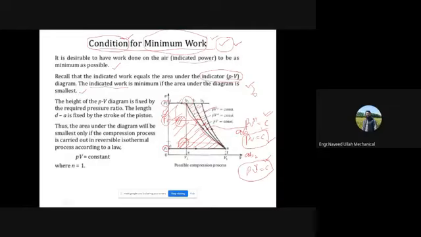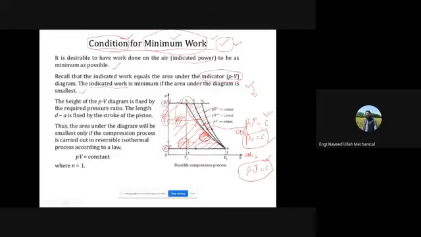So to summarize, if you want to minimize the work consumed by the compressor in this reciprocating air compressor, this process of compression should be what? Should be the isothermal process. ठीक है, ये क्या प्रोसेस होगा आपके पास? This will be the isothermal process.